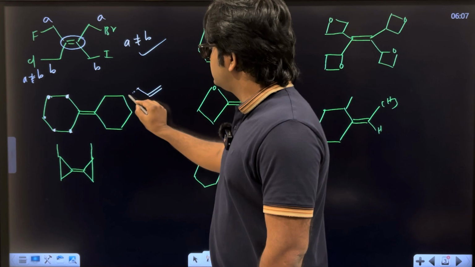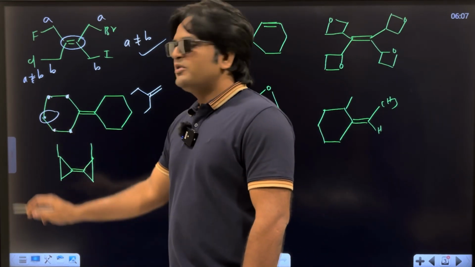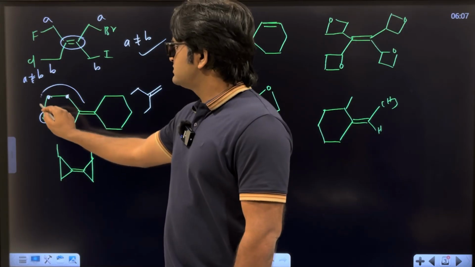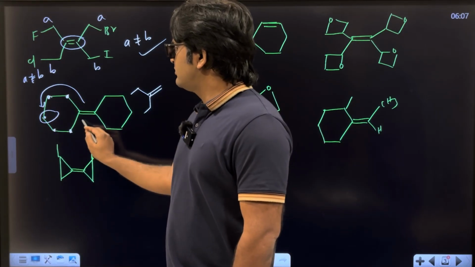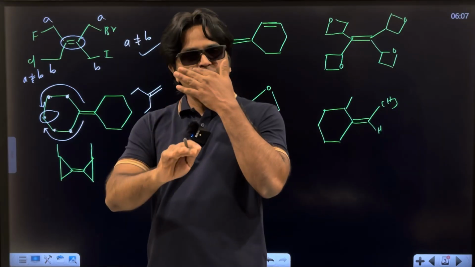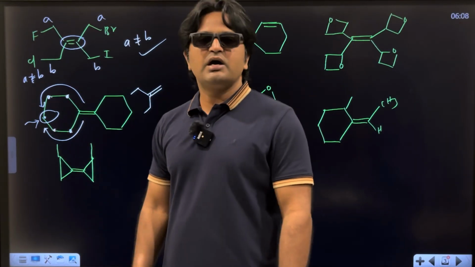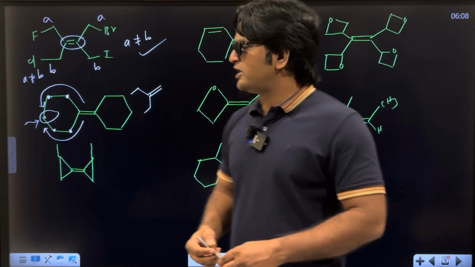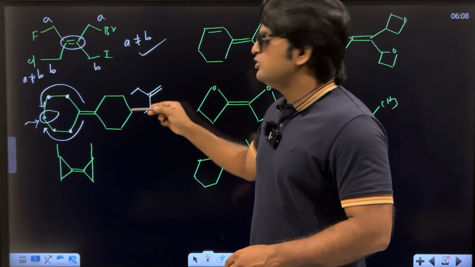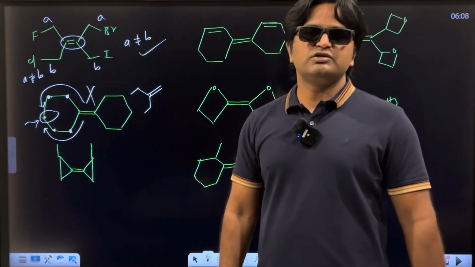Whenever there is a common carbon atom, just remove the common carbon atom, whatever substitution is present on it. Now these two look the same or different? Same. That's why there is no geometrical isomerism.